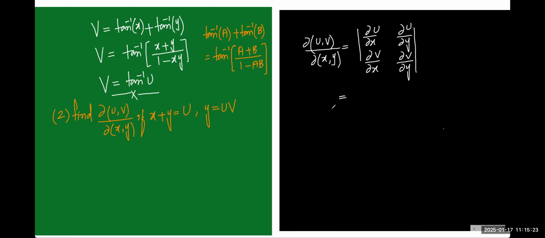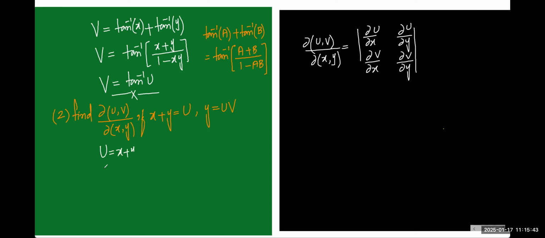So let me first fill this one. You can find out the derivative of u with respect to x partially. Let us do it here. Our u value will be x plus y.